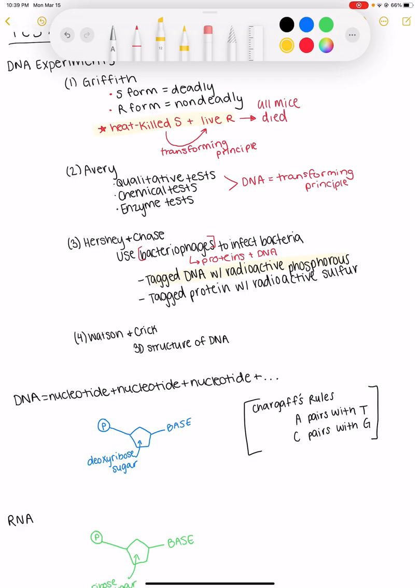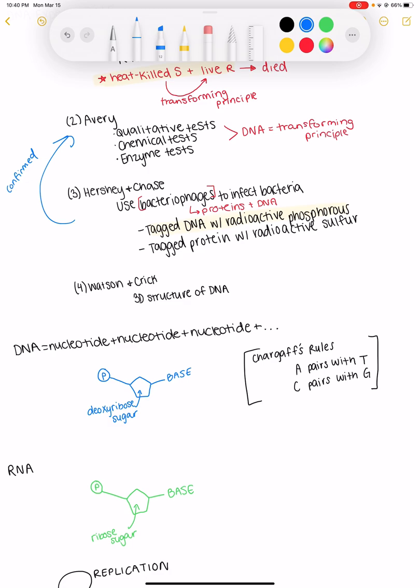So that was what was passing through. This led them to confirm what Avery found, which was that DNA is the transforming principle. DNA is what is carrying the genetic information.